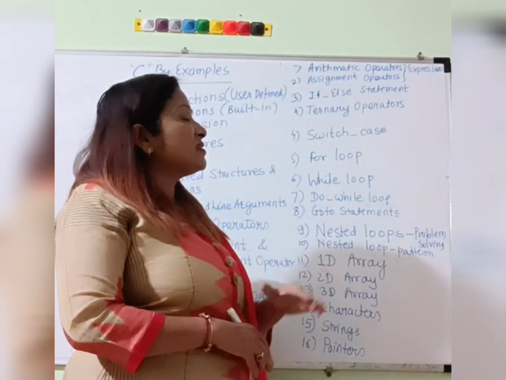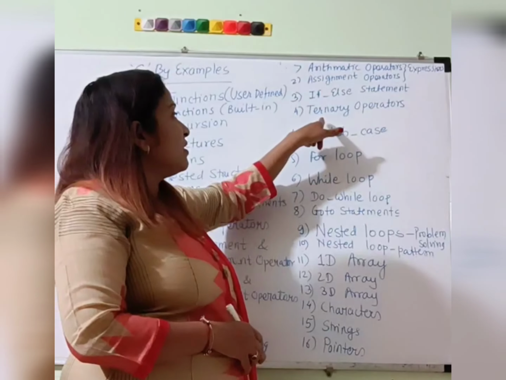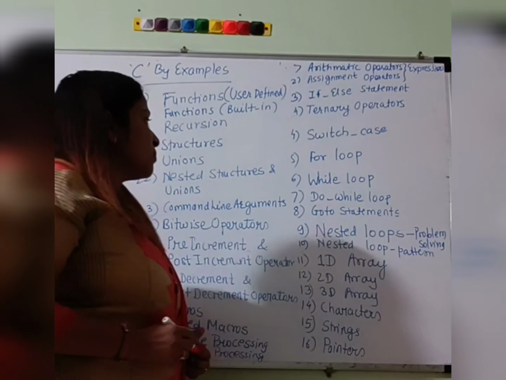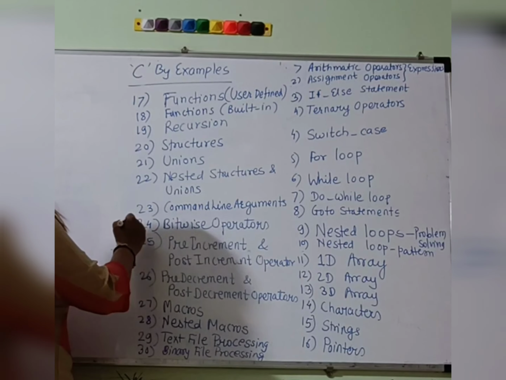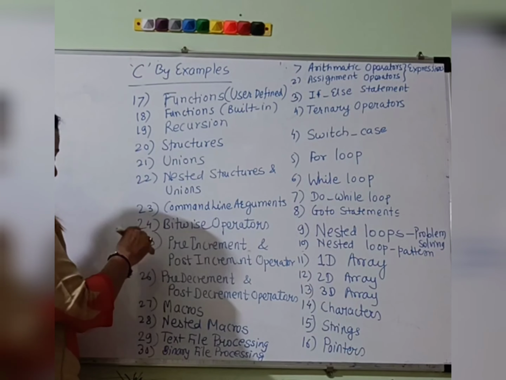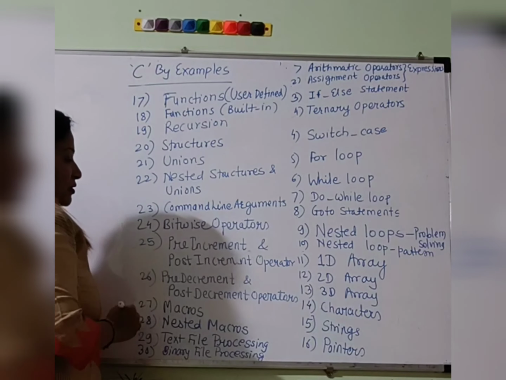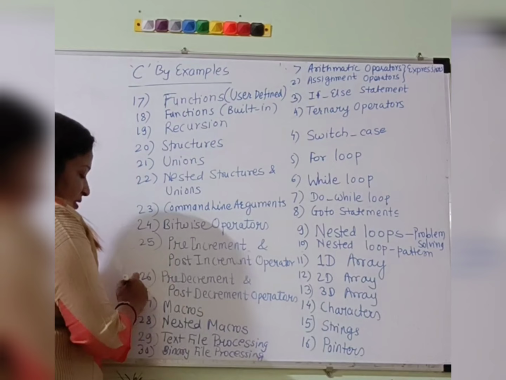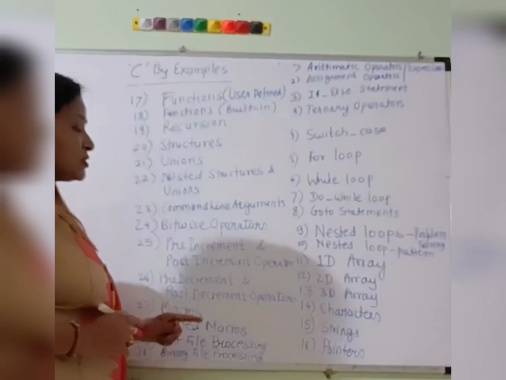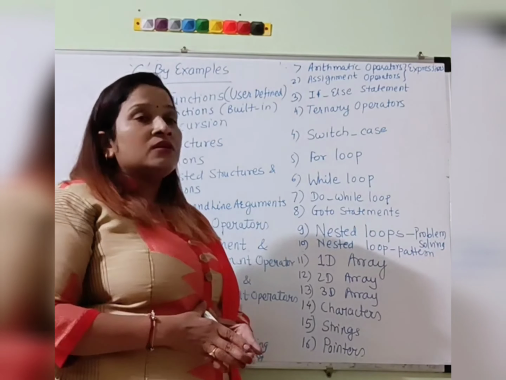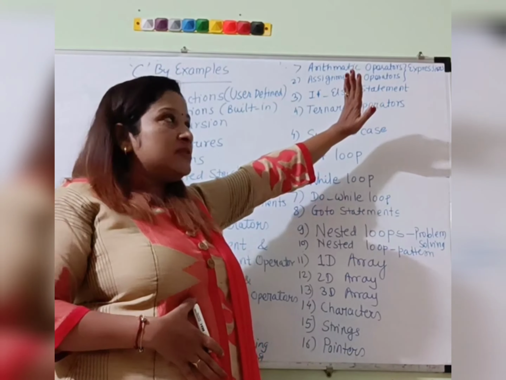Second, we are going to see assignment operators. Third, ternary operators, after if-else. Then we are going to see bitwise operators in the next part, the 24th part. Then pre-increment, post-increment, pre-decrement and post-decrement operators. These are the operators we are going to study under the concept of C expressions.